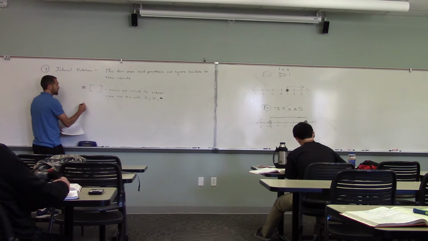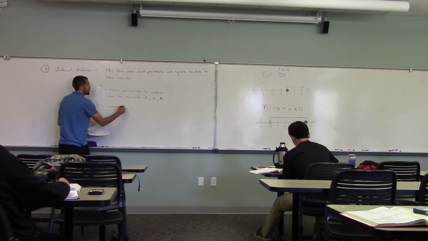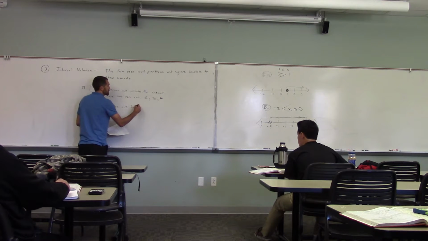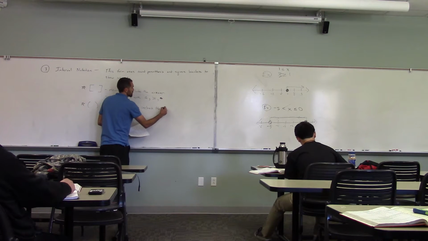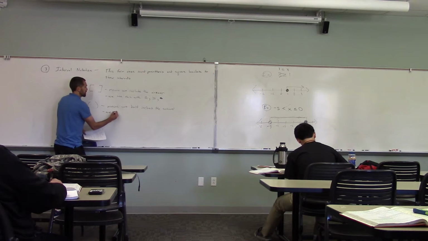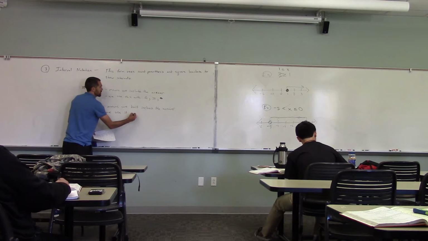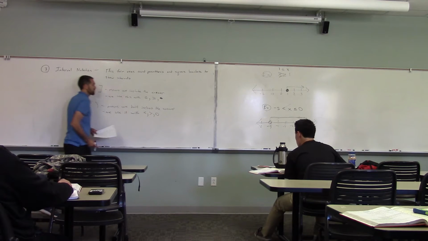These all go together. Round parentheses mean we don't include the answer. And we use it with less than, greater than, and open circle.